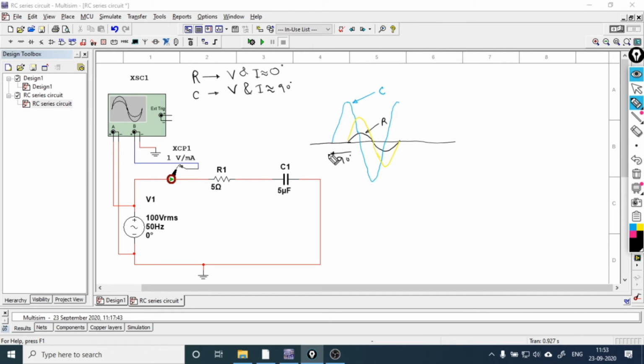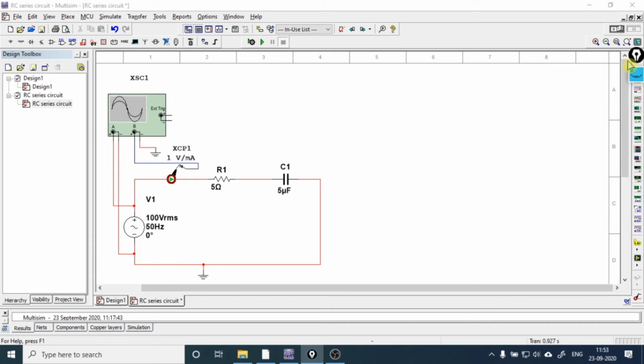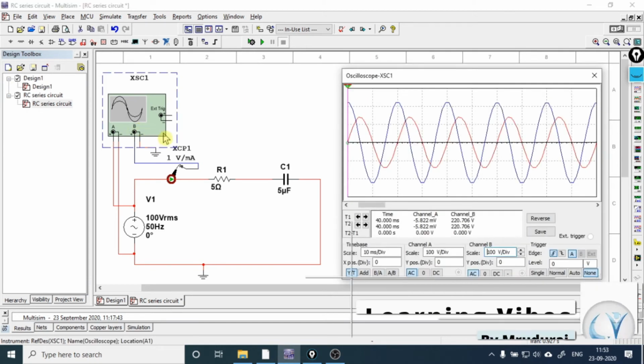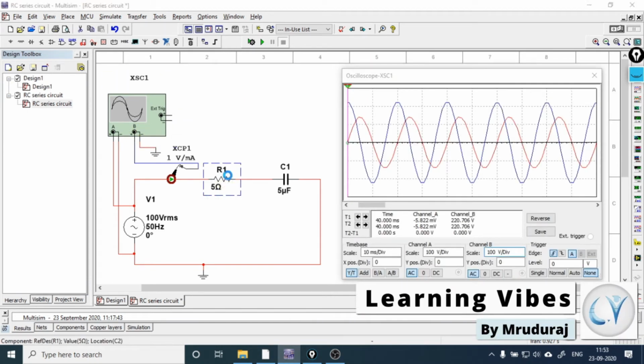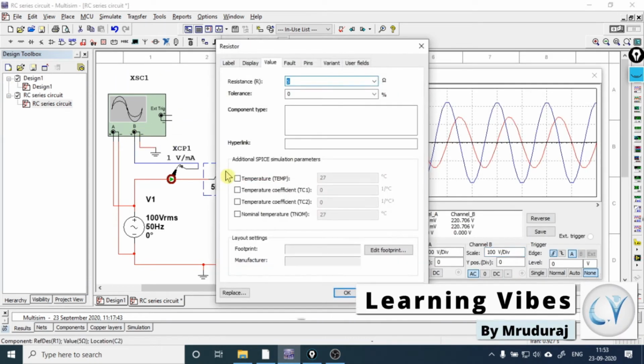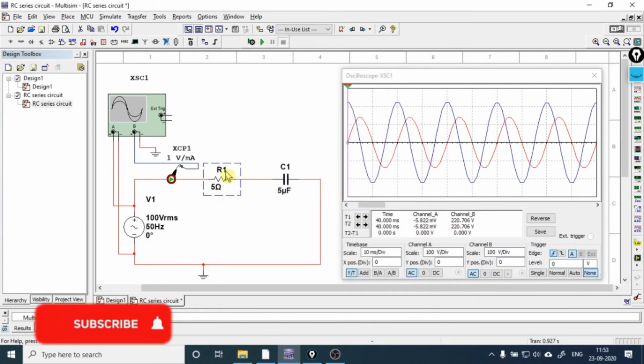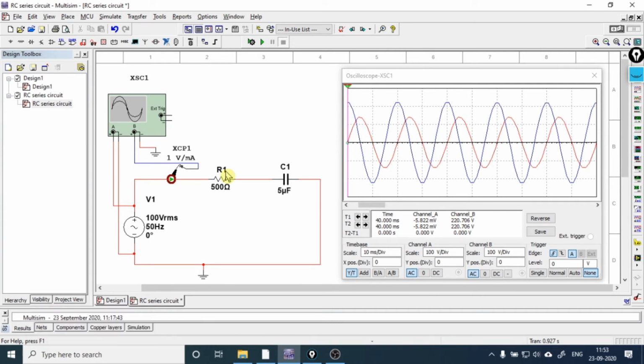When the circuit is purely capacitive, the waveform of current leads the waveform of voltage by 90 degrees, and when it is purely resistive, they are both in phase. Now we are going to change the magnitude of resistance in a moderate manner, somewhere where we can feel the effect of both resistance and capacitor.